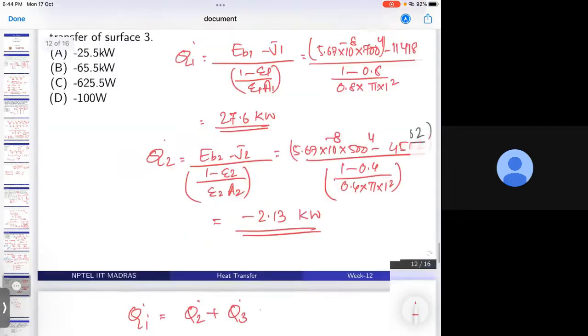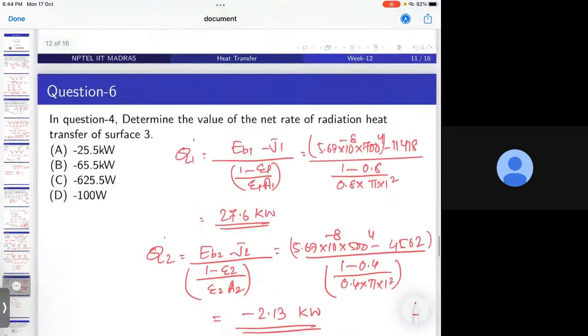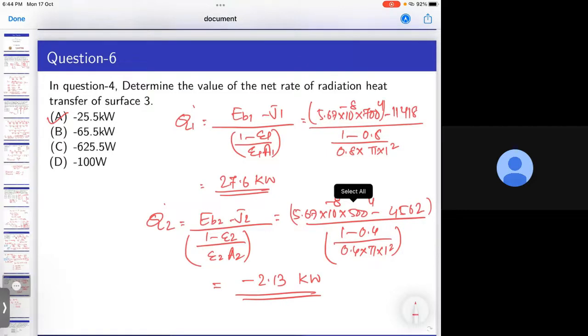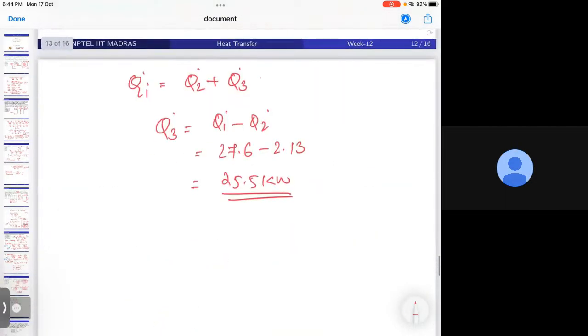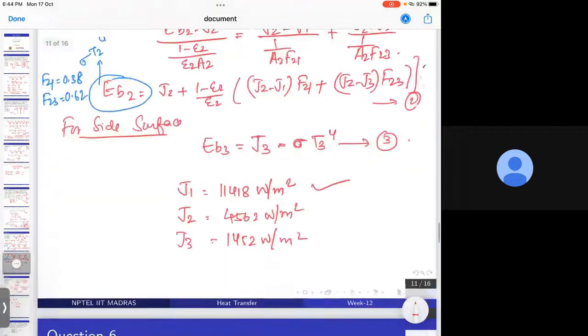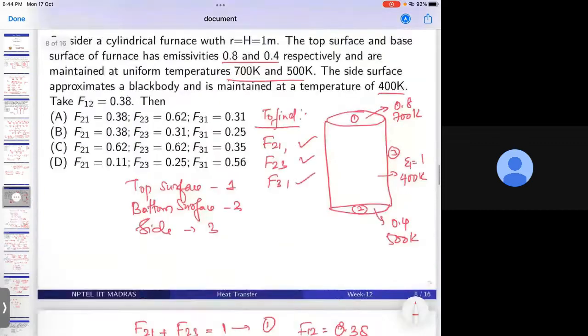So this is negative for surface 3, which means that the surface is receiving heat. Means the part of the heat that is emitted by surface 1, some part is going to 3 and some part is going to 2.